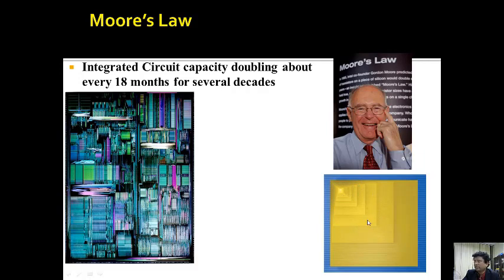Another way of saying it is that given an area with, let's say, 1 billion transistors, in 18 months we can integrate 2 billion transistors in the same area. So integration capacity doubles every 18 months, and this trend has been continuing.